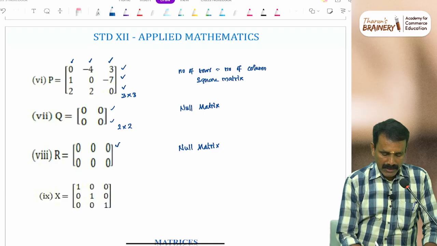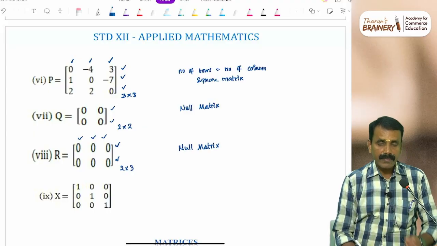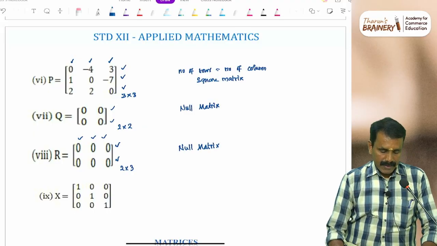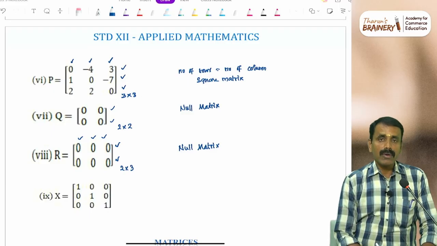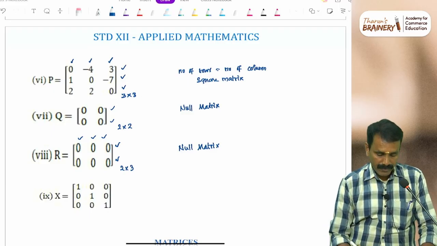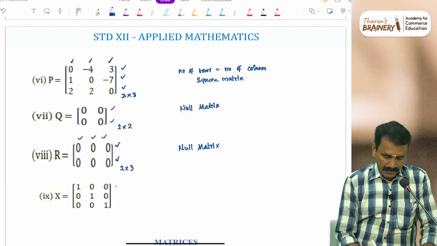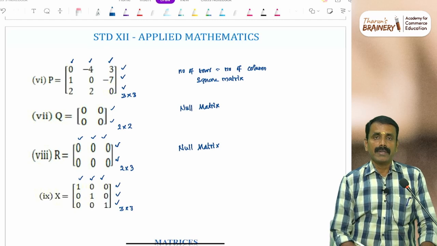Now, how many rows does it have? 2 rows, and how many columns? 3 columns. So, 2 by 3. Now, see the next one, [1, 0, 0; 0, 1, 0; 0, 0, 1]. It has 3 rows and 3 columns. So, the order of the matrix is 3 by 3. Is it clear?